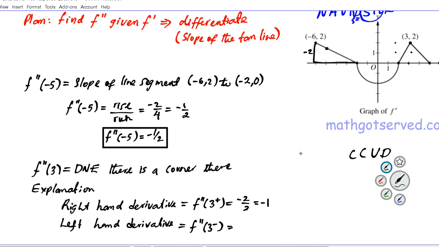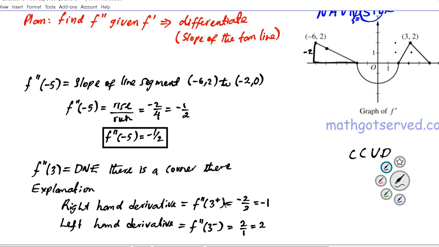Remember, the derivative graphically is the slope of a tangent line. If you have a straight line, that straight line is a tangent line. So rise over run, which, oh snaps, rise 2, not -2. Rise 2 and run 1. 2 over 1 is 2.